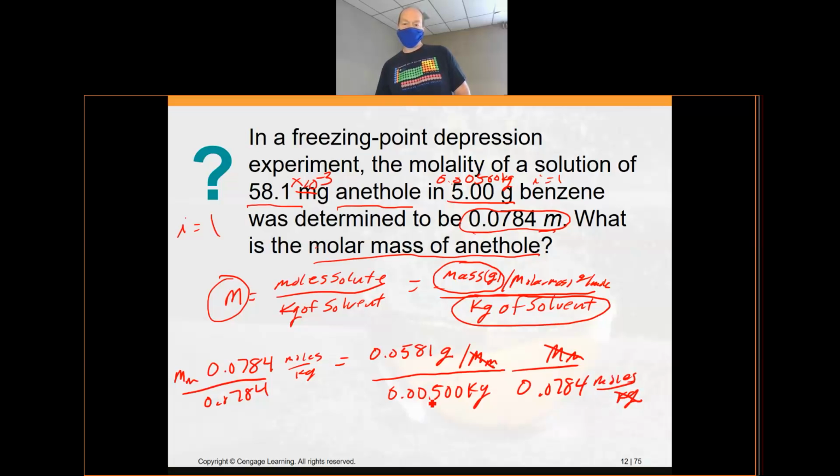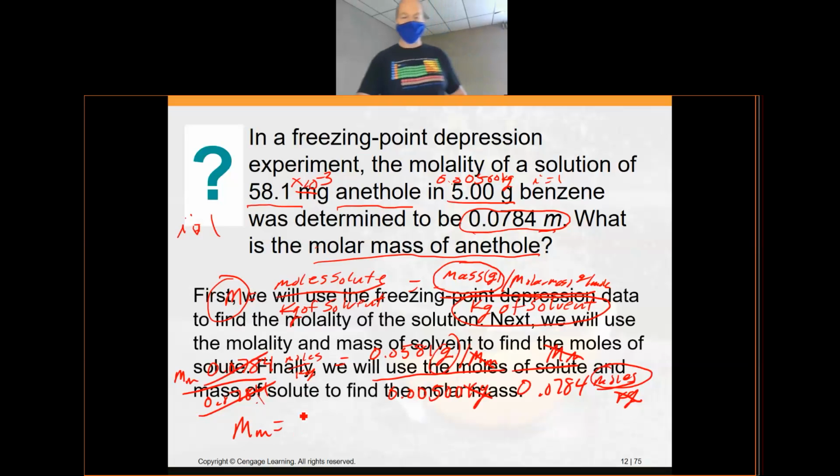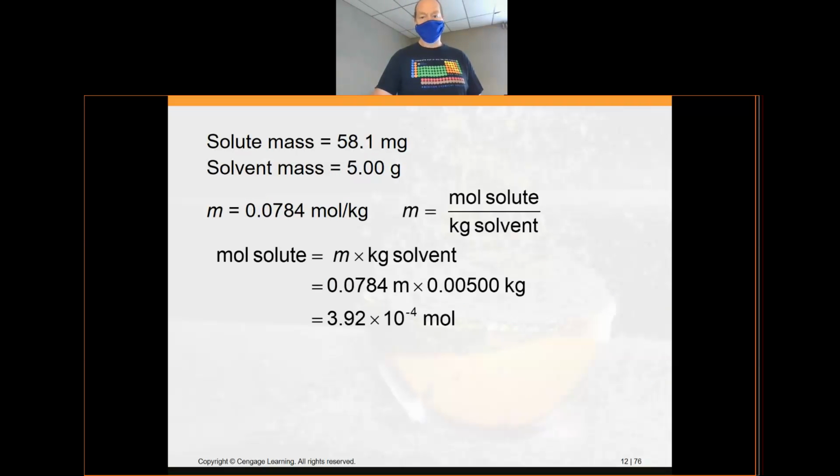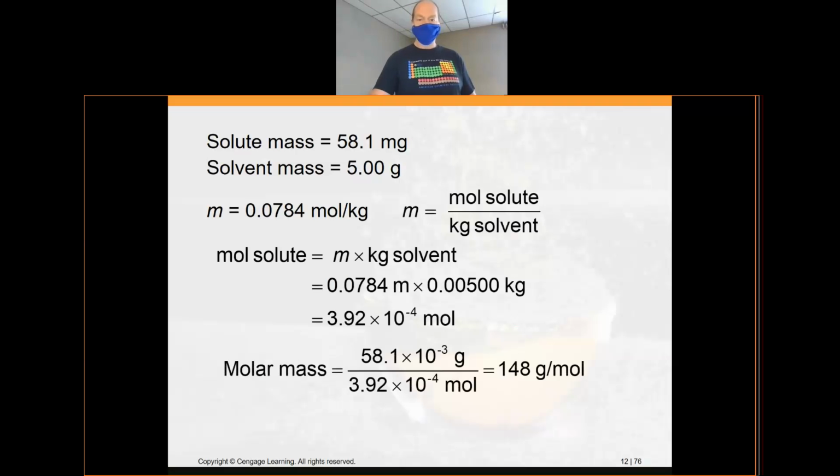And so the kilograms will cancel, and we are left with grams in the numerator and moles in the denominator, which is the units for molar mass. And so then we have our answer. When we push the buttons, we get 148. And so you get 148 grams per mole.